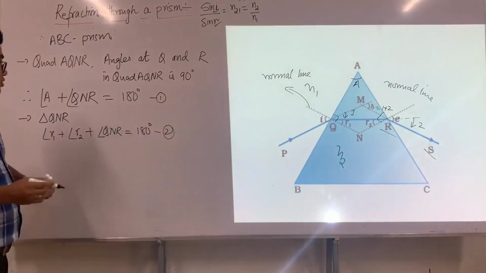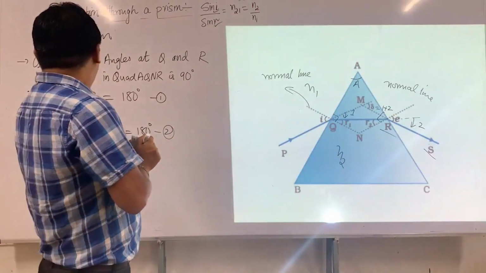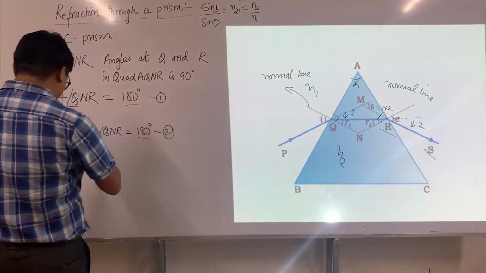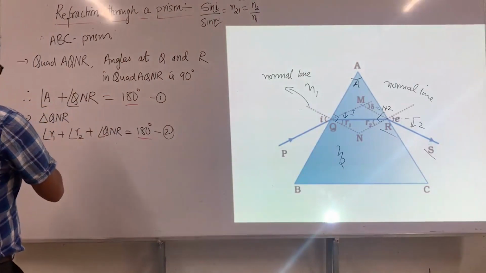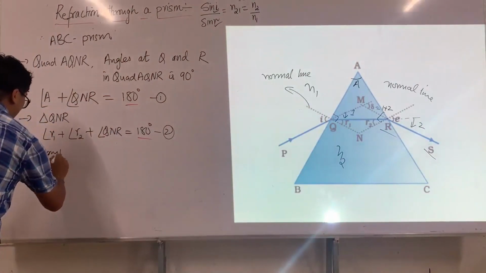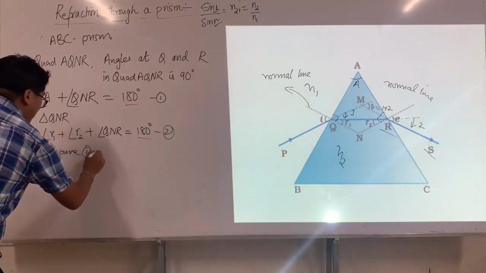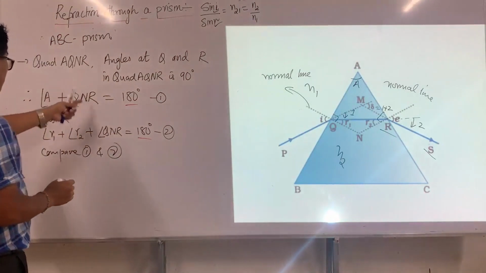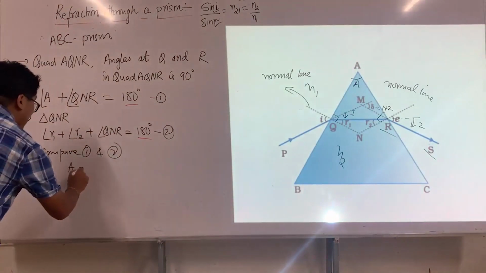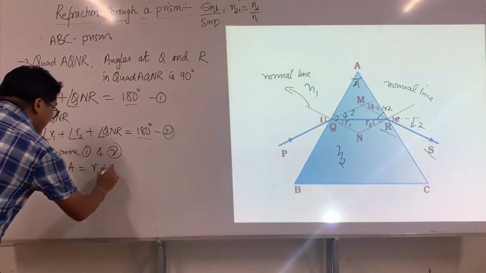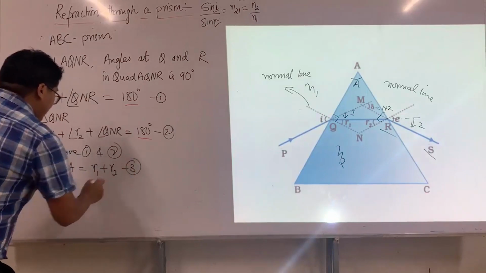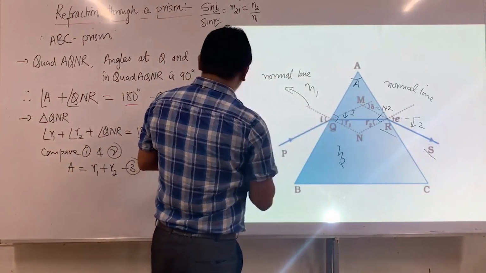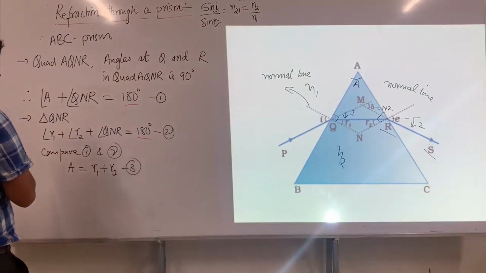Let's say this is equation number 2. Now look here, this is 180 degrees, this is 180 degrees. If I compare equations 1 and 2, the angle QR cancels out. Angle A is equal to angle R1 plus angle R2. This is what we proved.